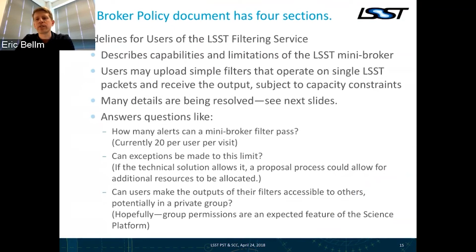There's some question of whether that allocation could be pooled between users, and to what degree filters can be shared among users. My major statement at this point would be that we recognize that desire, and we'll try to enable it within the technical constraints that we find.